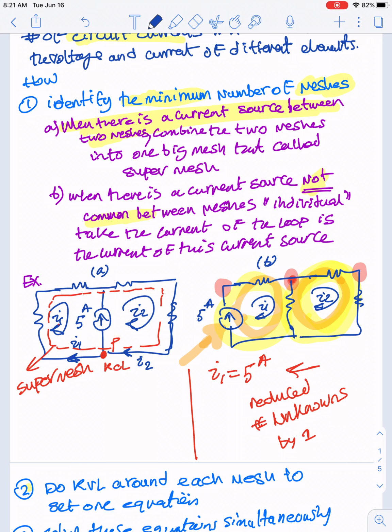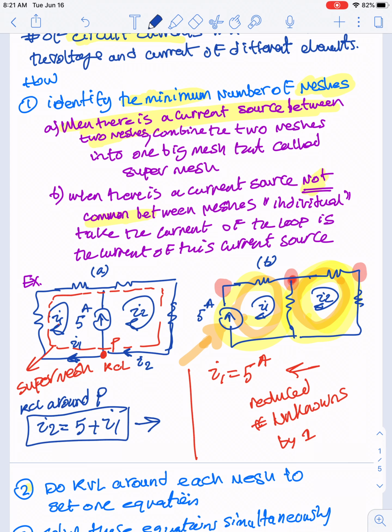So doing KCL around node P: flow in is equal to flow out, so we have I2 flowing in, and flowing out we have 5 plus I1. So this is how to relate the current of two loops or two meshes with a supermesh.